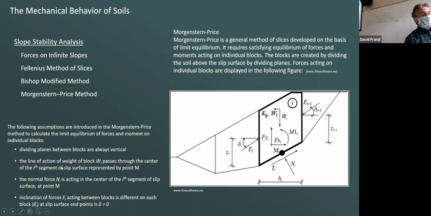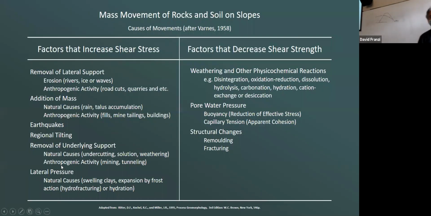Okay, and so for those of you who took geomorphology, this one should look pretty familiar to you. And hopefully it means a little bit more to you now too, right? When you look at this. So, mass movements on slopes, you can either increase the shear stress on the slope or decrease the shear strength on the slope.